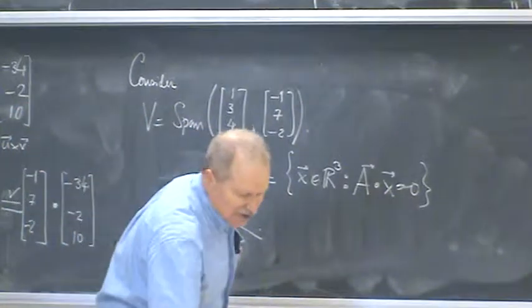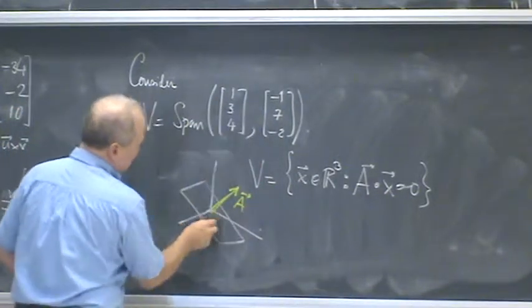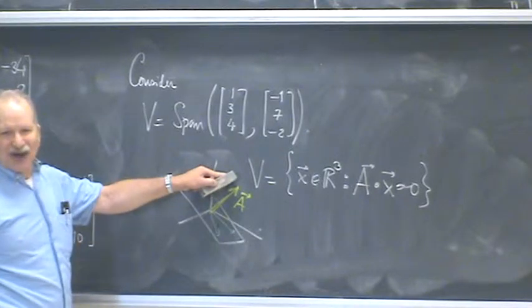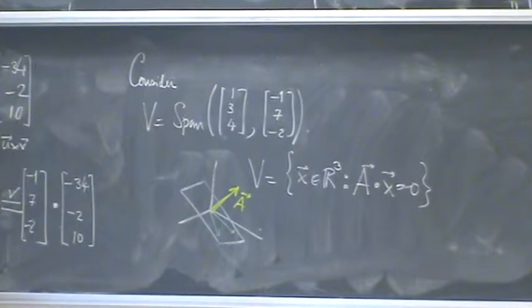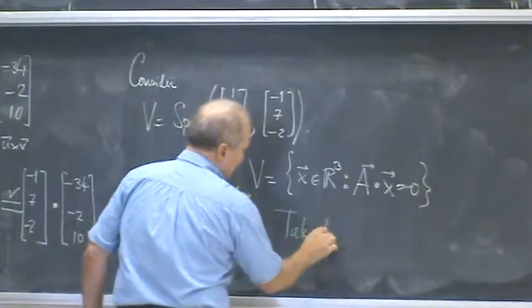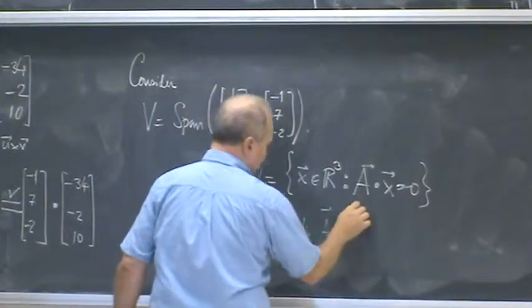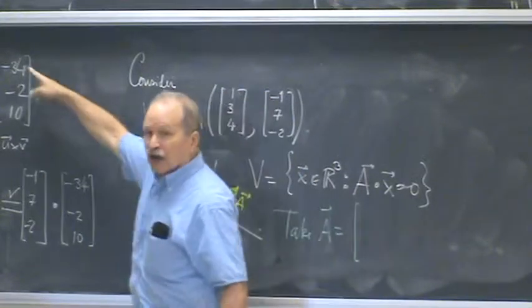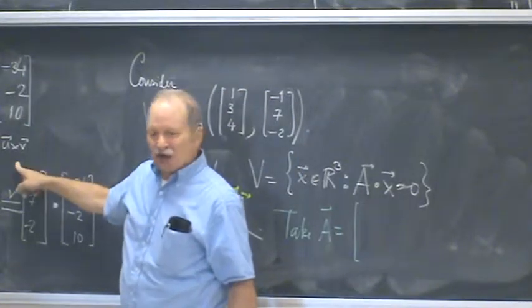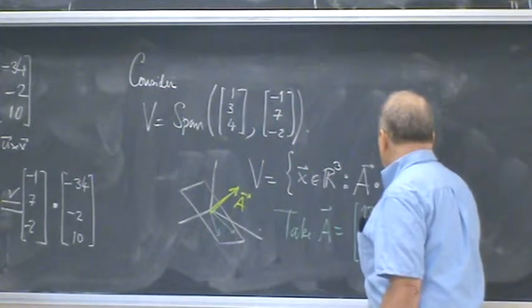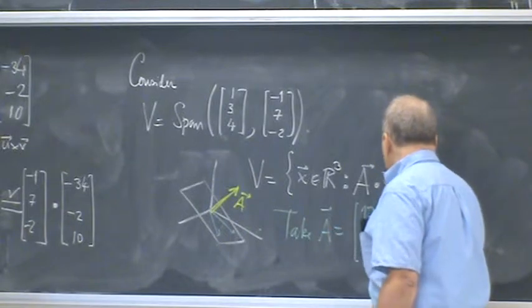Well, if the plane is spanned by these two vectors, we just found a vector that's orthogonal, namely the cross product. Take A to be the cross product, or any scalar multiple of the cross product. So to make my numbers simpler, I'll divide by -2, and I'll put 17, 1, -5.